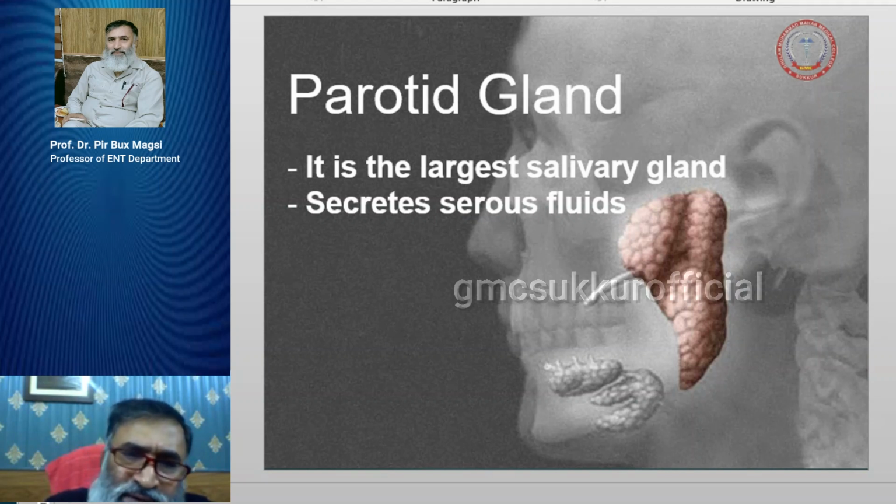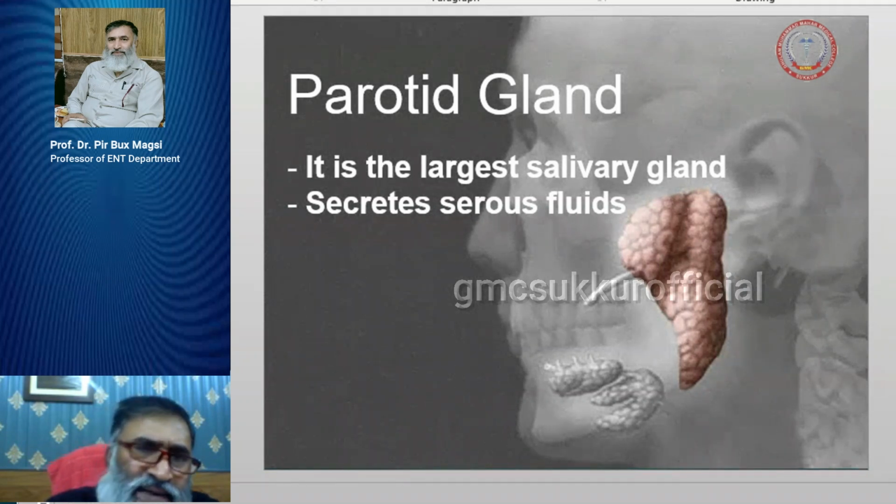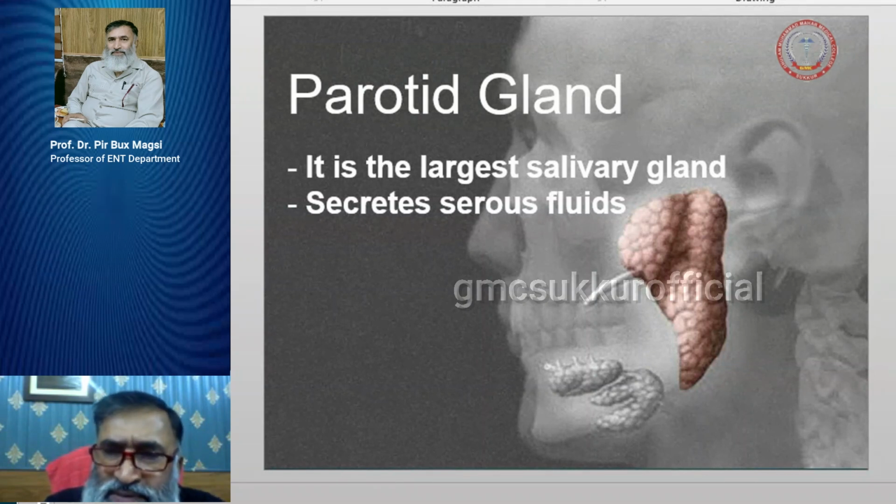The minor salivary glands are those present in the posterior wall of the pharynx and the oral cavity. They are called minor because they do not possess a duct, whereas the parotid gland and submandibular salivary gland possess ducts. That's why they are major salivary glands.